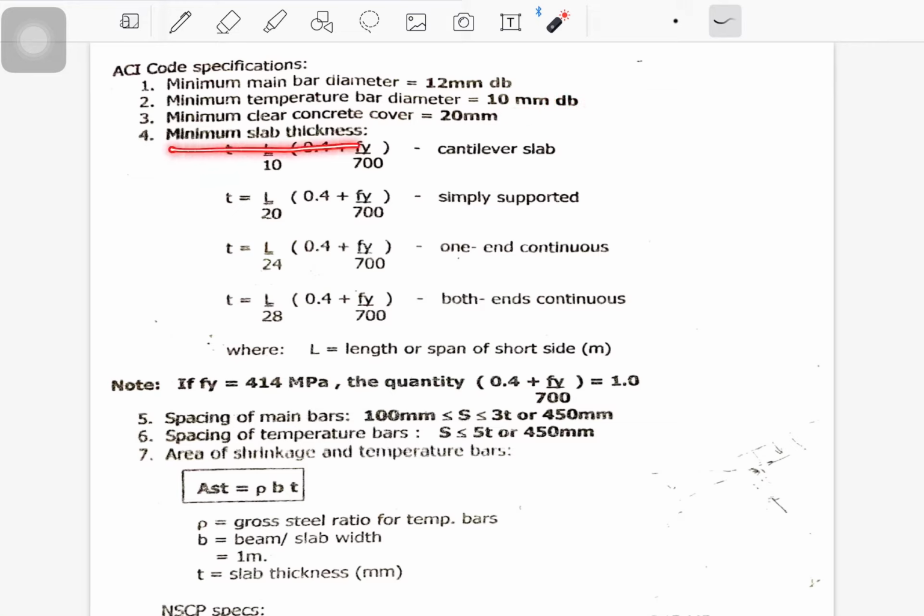And then for the minimum slab thickness, you have these formulas. For cantilever slab, meaning cantilever, you have the beam and then the slab.